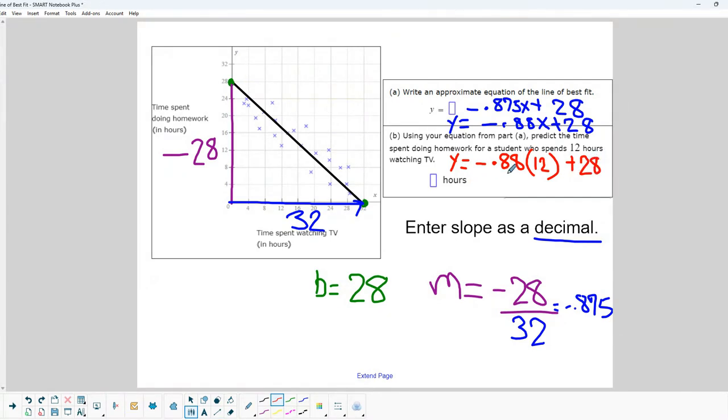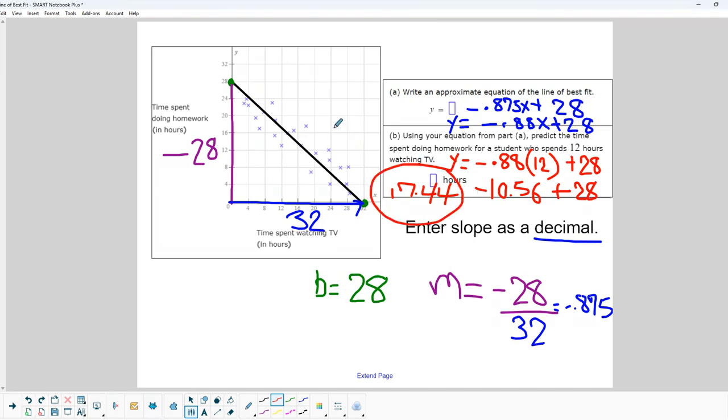Now if I do negative 0.88 times 12 on my calculator, that equals negative 10.56, and then I'm going to add 28 to that to get my final number. So plus 28, and I end up with 17.44 hours.